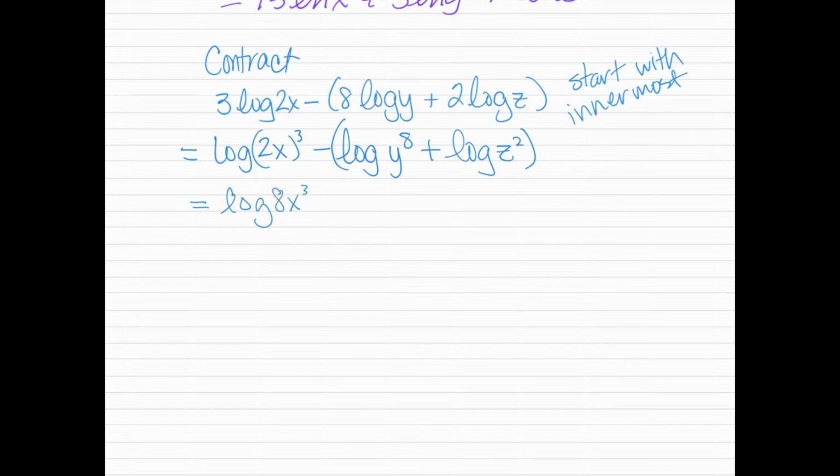The 8x cubed comes from 2 cubed times x cubed. And we just keep using those rules backwards until we get to the very most contracted form we can get it in. And that's it.